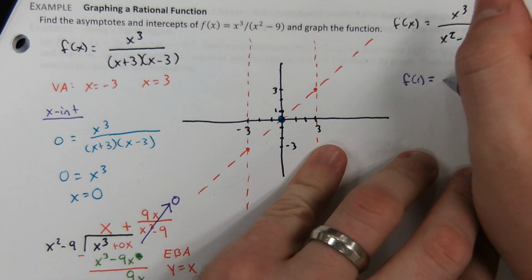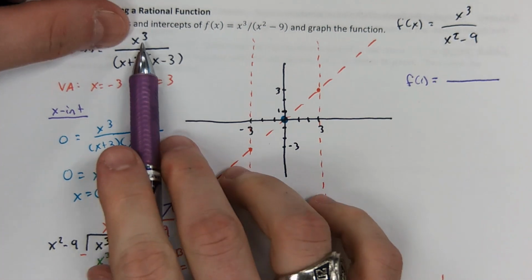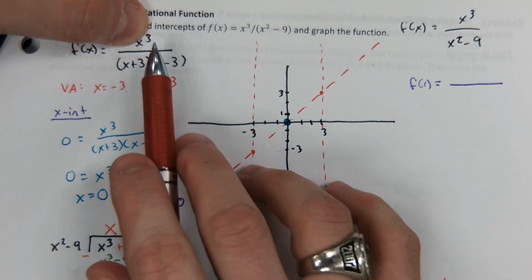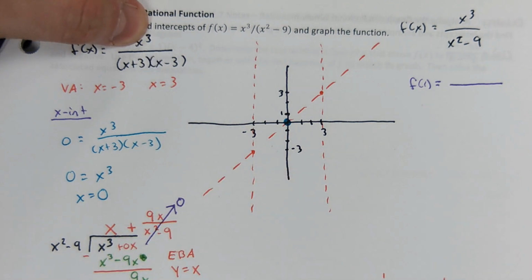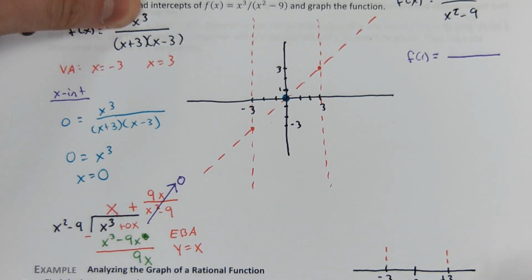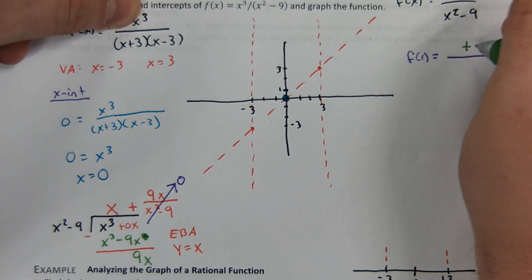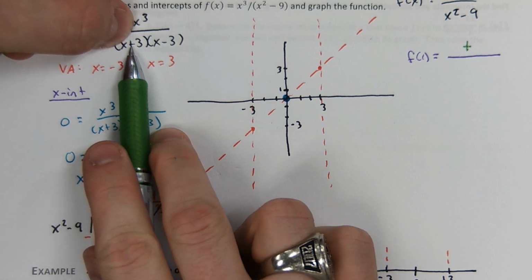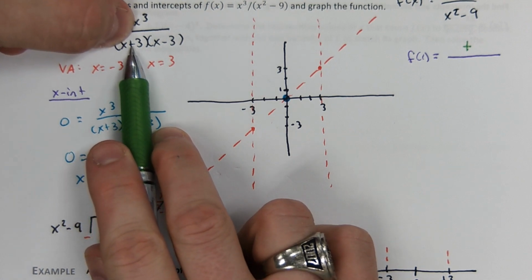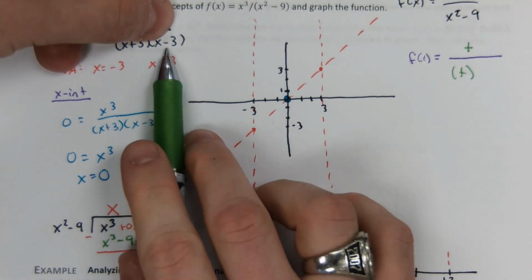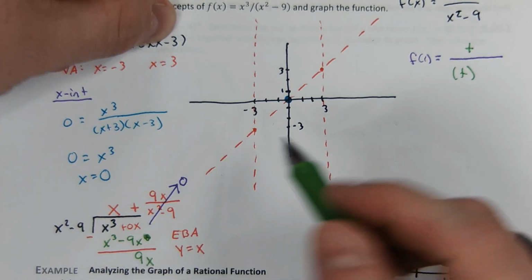It's a fraction. If I put a positive 1 right here, is this up here going to be positive or negative? Positive. If I put a positive 1 right here, is this going to be positive or negative? Positive. And if I put a positive 1 right here, do I get positive or negative?